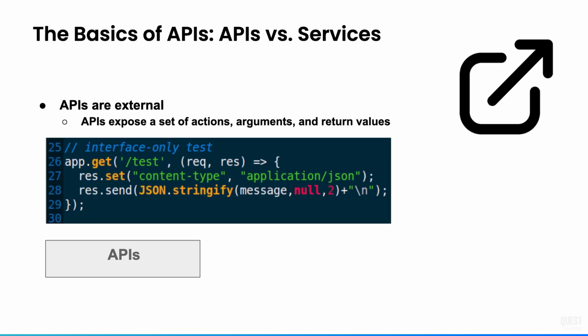So APIs are external. This is typically what programming an external API looks like. I'm using the Express platform, which I'll talk about a little bit more. You can see that very first line in that function looks a lot like the start line that we were looking at just a moment ago in the HTTP protocol. It's got a method, get.